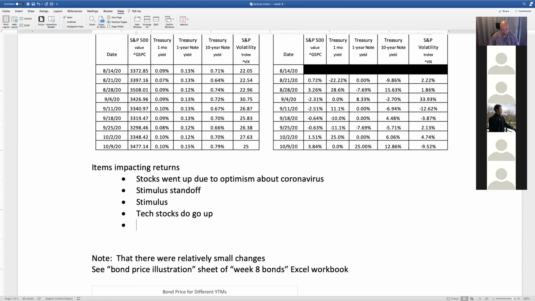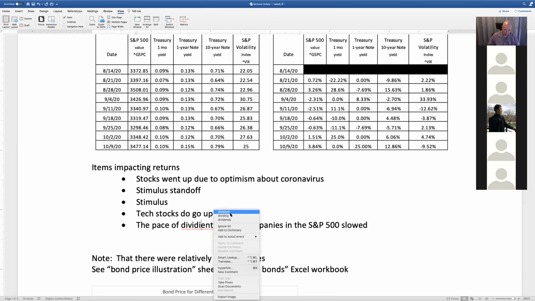It's sort of interesting, from my standpoint, the pace of dividend declines in the S&P. It's sort of interesting at this point in time, the difference in performance across sectors.